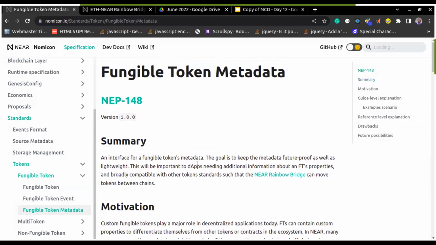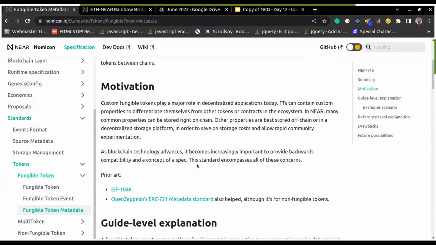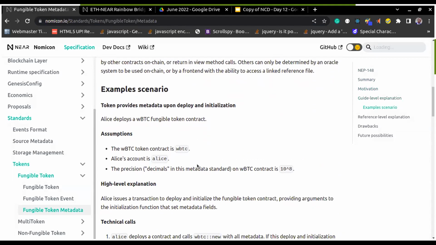So back to our metadata standard. Again, if let's say a smart contract or some other application wanted to interface with your fungible token, then this metadata would help them handle operations, or in this case, transactions to your FT smart contract, way easier and better.